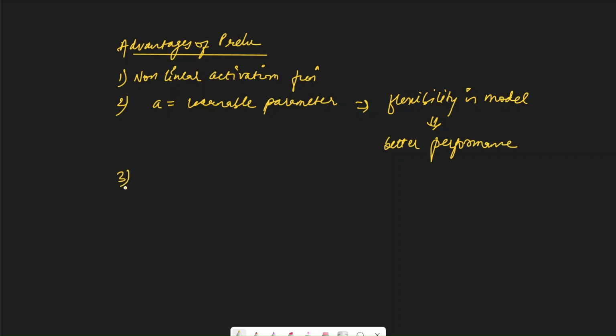Third advantage is it can adapt to different data sets, because again for each data set our a would be different, so we are adapting to the data set that is being used. Fourth advantage is again it is a non-saturating function.